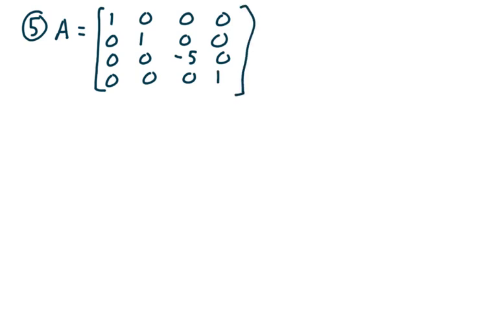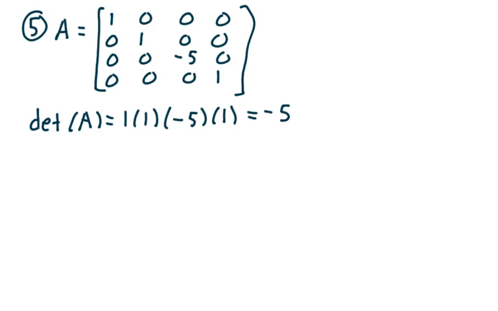Now, A is an elementary matrix. A is also a diagonal matrix. So if I want the determinant of A, it's going to be the product of the entries along the main diagonal. So it's 1 times negative 5 times 1. The correct answer is negative 5.